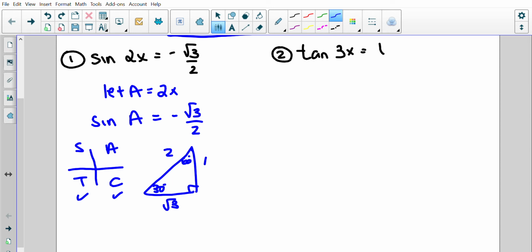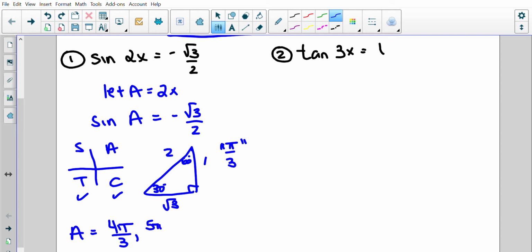That's going to be 60 degrees, which is pi over 3. Again, that's our reference angle. So that means that our A value is going to be pi over 3, but in quad 3. So what is that? Pi plus pi over 3, which would give us 4 pi over 3. Okay, and in quad 4, that's going to be 6 pi over 3 minus pi over 3, which is 5 pi over 3.